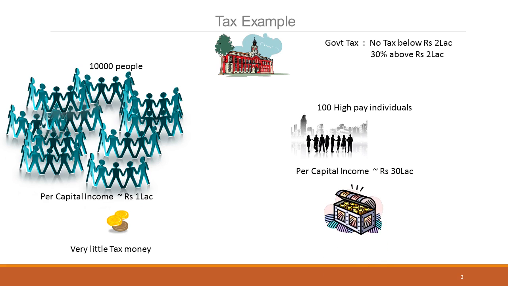The tax now becomes pretty large. It's 30% of 30 lakhs, which is about 9 lakhs, times 100 people, which is about 9 crores. So you can see that the tax money has increased significantly from a very small amount to a large amount, even though the number of people paying the tax is much lower than the base population of the town.